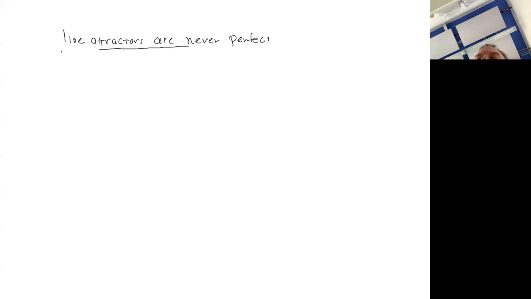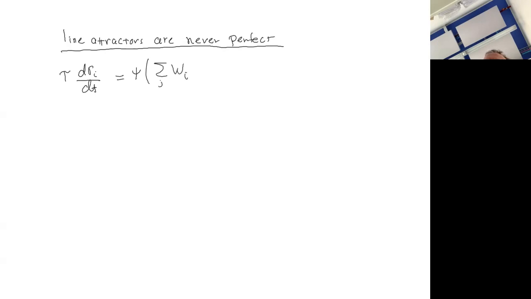So what I mean by that is the real equation describing neurons is going to be something like tau dR_i/dt equals psi of the sum on j of W_(i minus j) R_j plus the sum on j of V_ij R_j, and this term comes from the fact that we haven't perfectly set the weights.